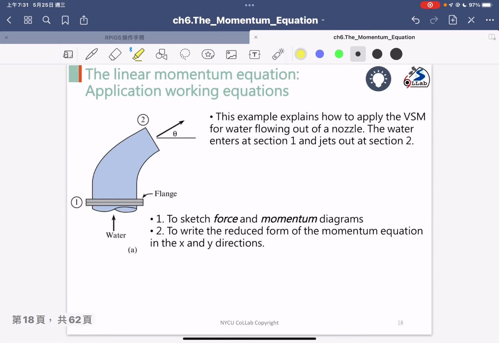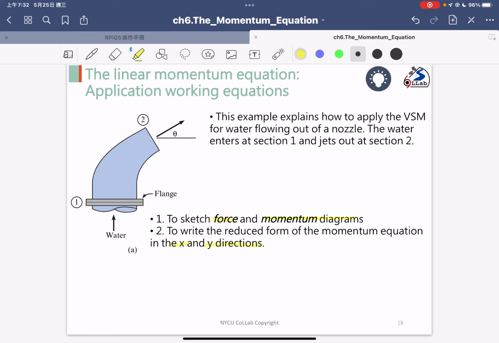Okay, so here is just an outline of how we can deal with the problem. The first one, we need to sketch the force and the momentum diagrams. And then, because force and momentum are vectors, we need to convert the vectors to scalars, especially for the x and y directions individually.